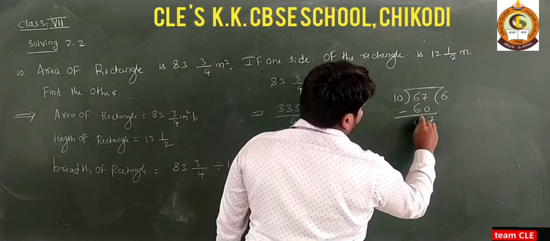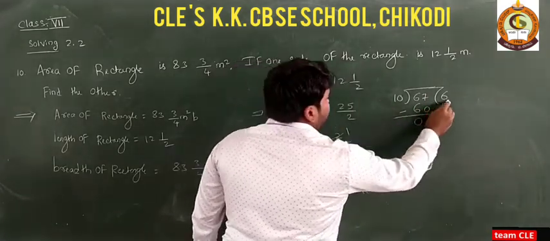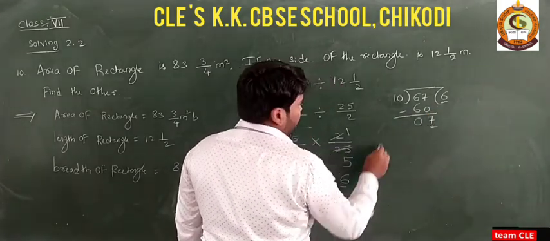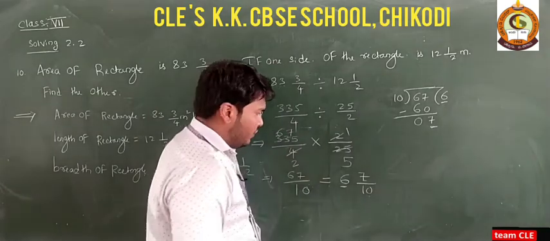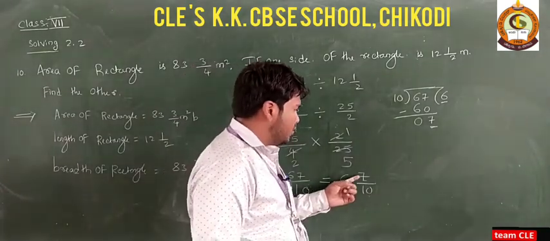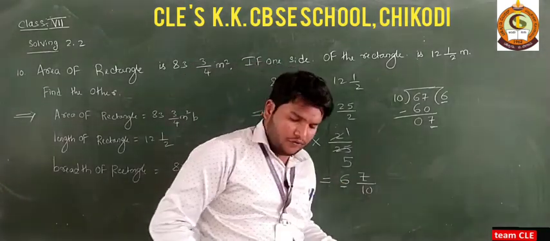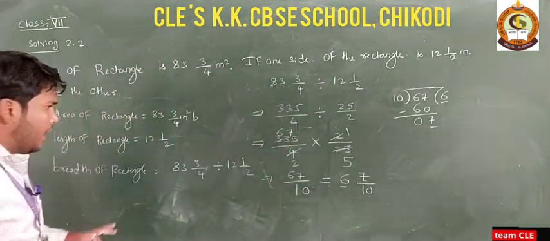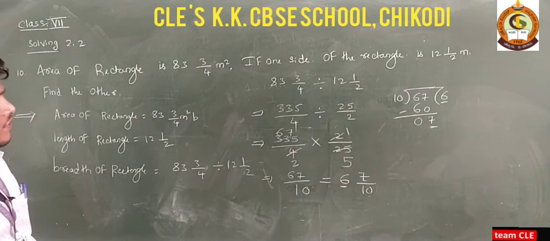So the quotient is 6, the remainder is 7, and the divisor is 10, which gives quotient remainder by divisor. So the breadth of the rectangle is 6 7/10.